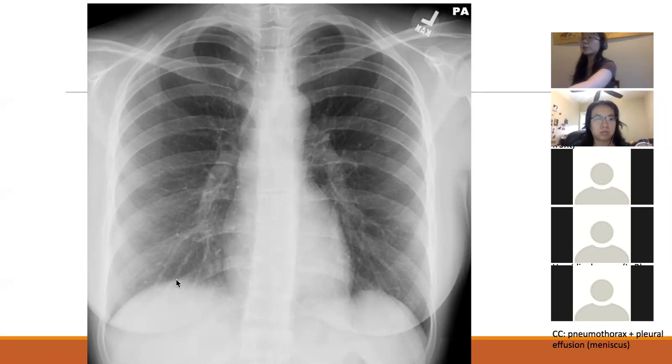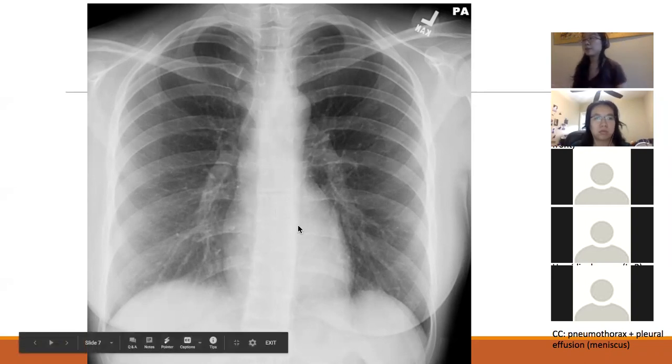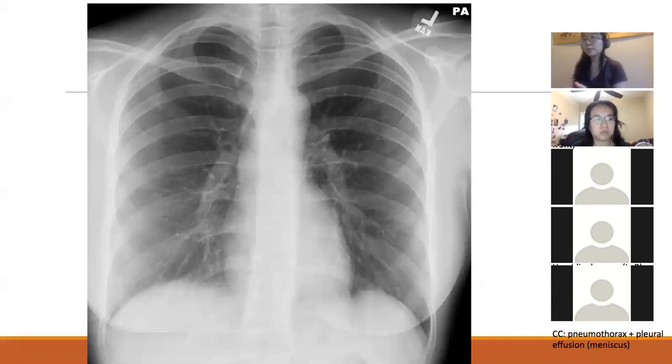And that's going to push the diaphragm down. So once again, the tension pneumothorax is the one that's generally caused by trauma. It's going to present with mediastinal deviation to the opposite side of the pneumothorax, and the diaphragm is going to move down.